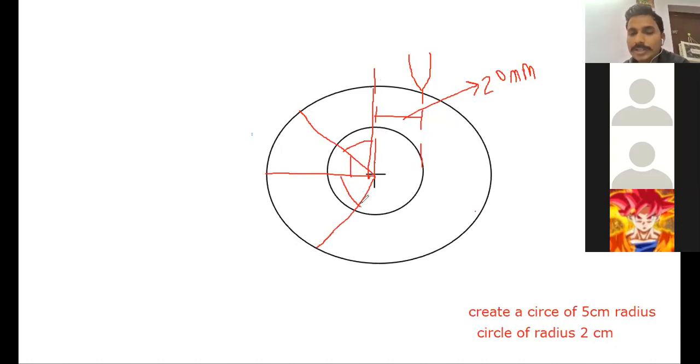Correct. Now the next step I did after this was dividing my outstroke and return into 6 equal divisions. So you can divide it here easily. 1, 2, 3, 4, 5. 1, 2, 3, 4, 5.